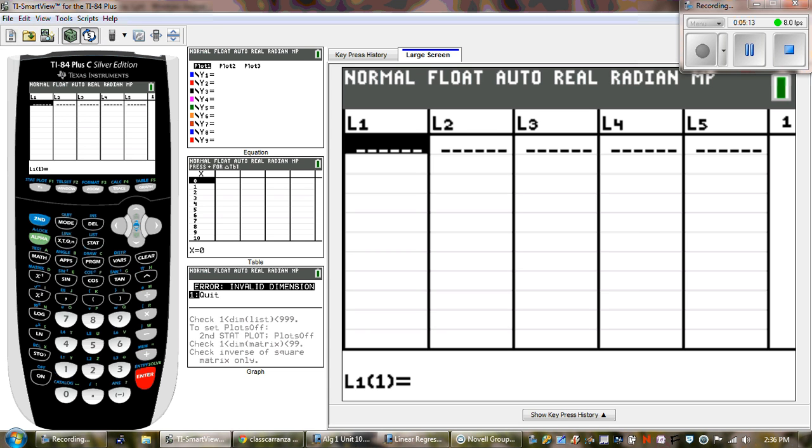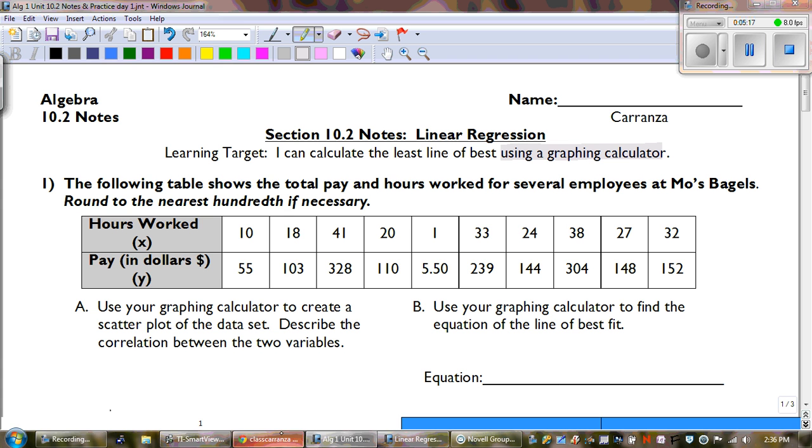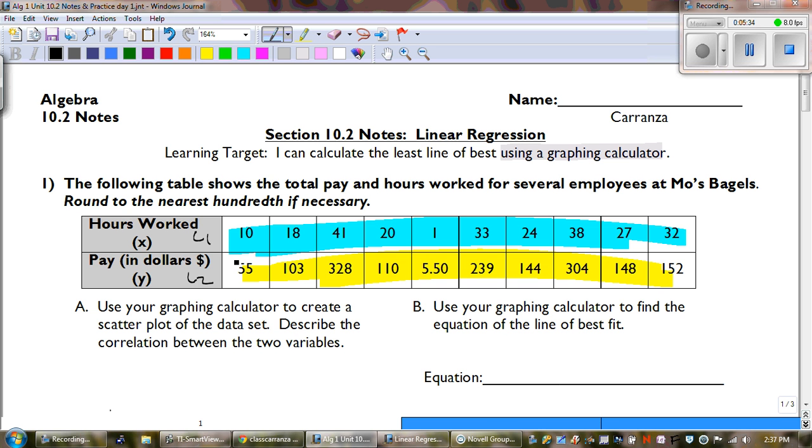So what we're going to do now is go through and put all of these values in. This is going to be L1, and all of these are going to be L2. So watch how I do it.